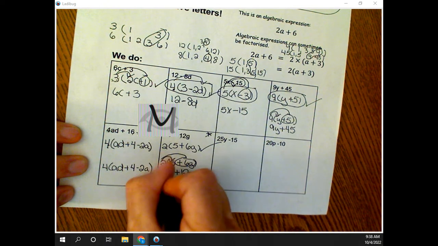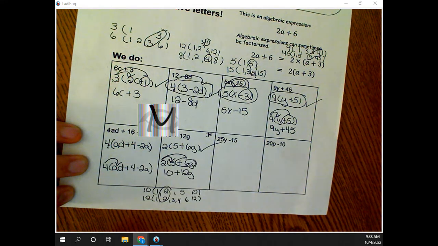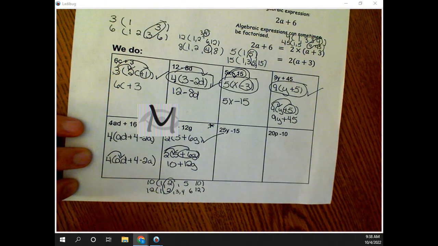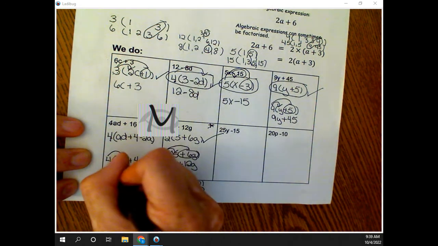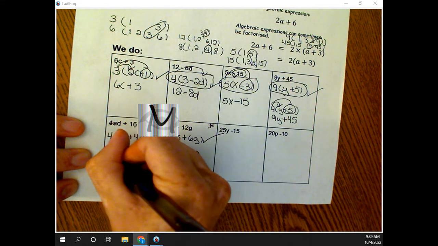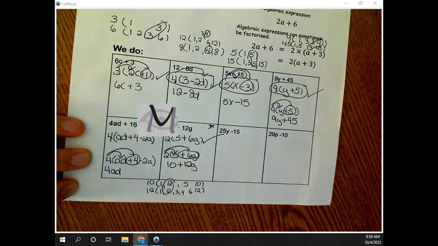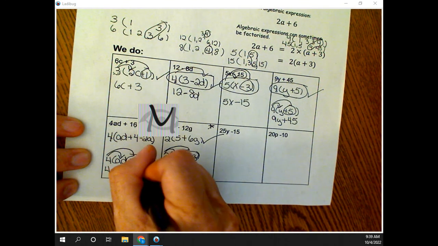And I'm going to use the distributive property. So 4 times AD is what? Nope. 4AD. 4 times positive 4 is what? Positive 16.